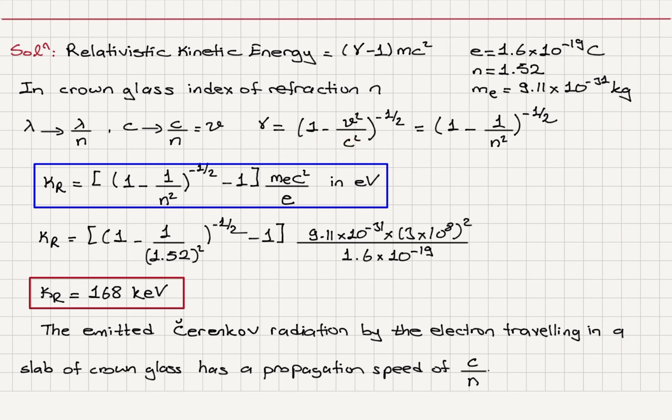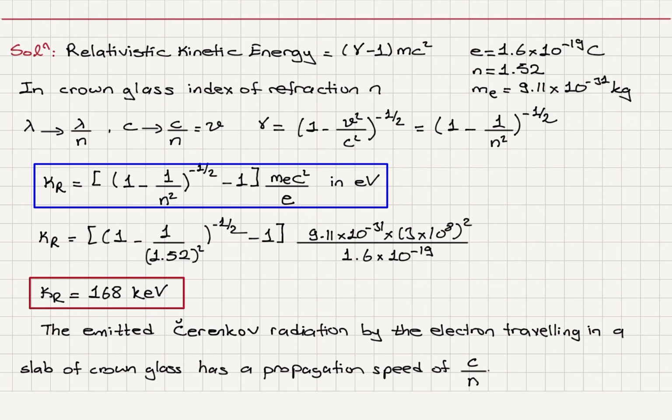And we recall that when electromagnetic waves enter a medium, the wavelength is reduced by a factor of the index of refraction, and the speed is reduced by a factor of the index of refraction. The frequency doesn't change. So v over c is 1 over n, which we can substitute into the relativistic correction factor expression, and putting this into the relativistic kinetic energy equation, and also noting that the energy obtained in joules must be divided by the electron charge in order to convert to electron volts, we obtain this final expression.